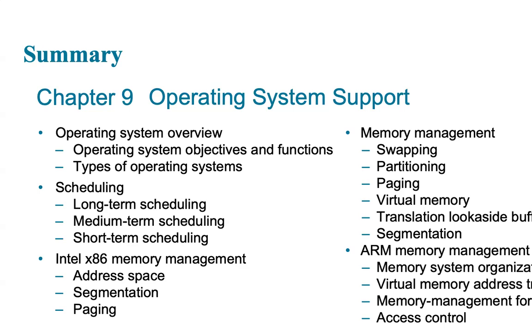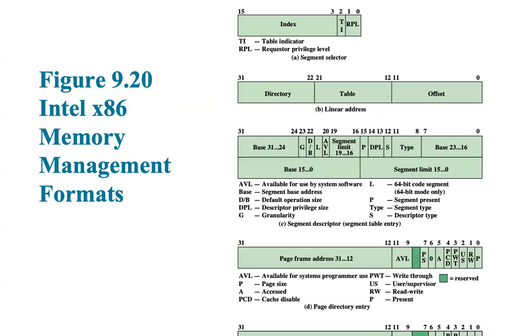The address translation mechanism for segmentation involves mapping a virtual address into what is referred to as a linear address. A virtual address consists of a 32-bit offset and a 16-bit segment selector. This is trying to give us a sense of what that would look like.